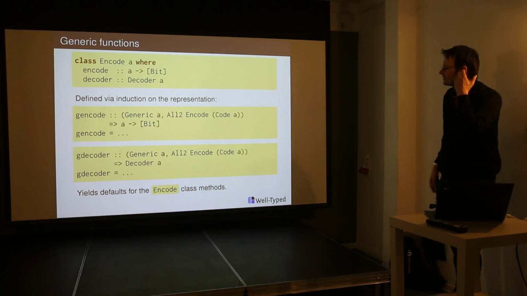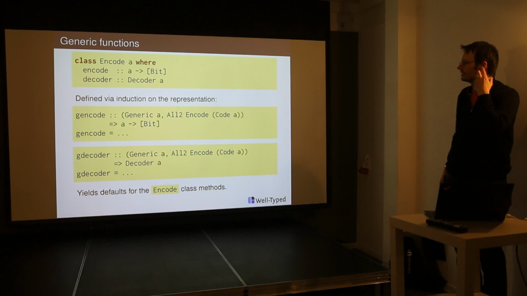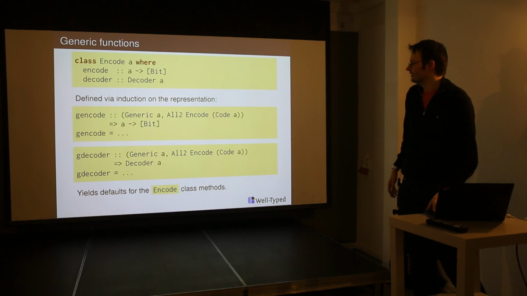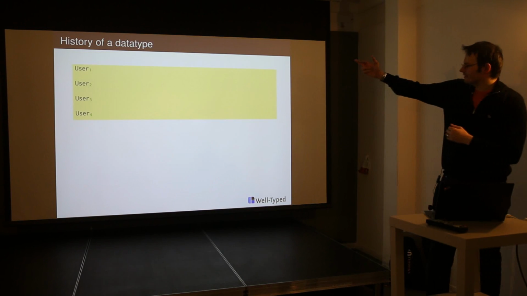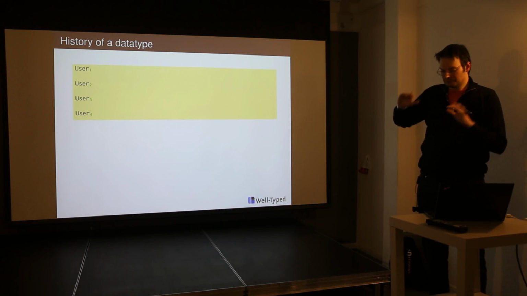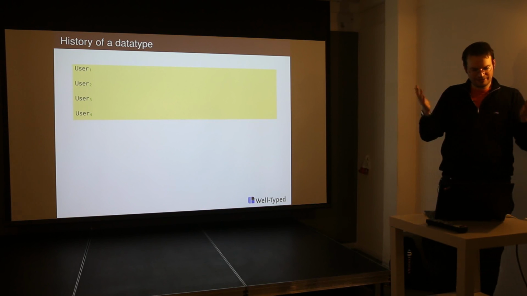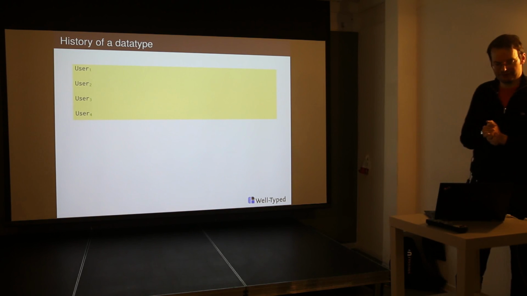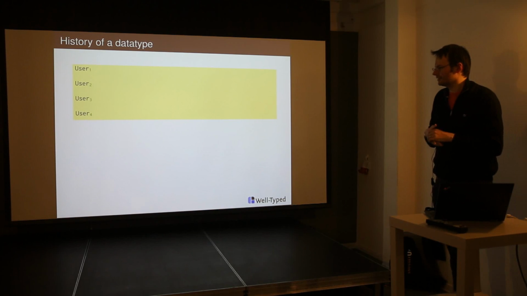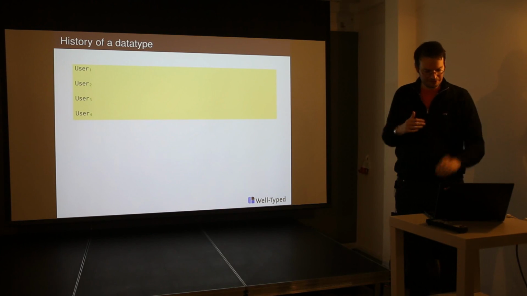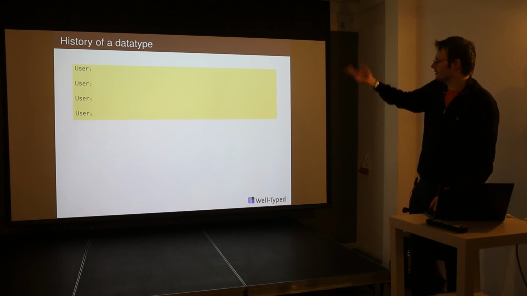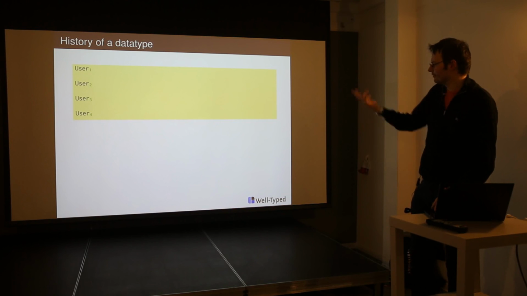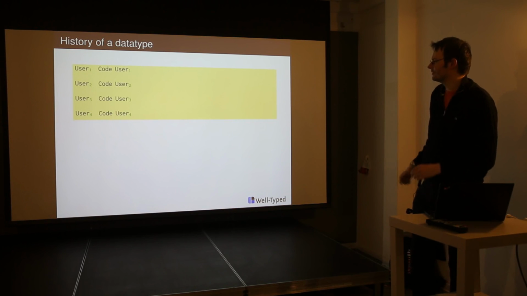But now we would like to have versioned generic encoding and decoding, and we have seen that we have morally, in our example, 4 different versions of the user type. It doesn't really matter anymore what they were, but they were 4 different versions, and the 4th one is the one that we currently want to work with.